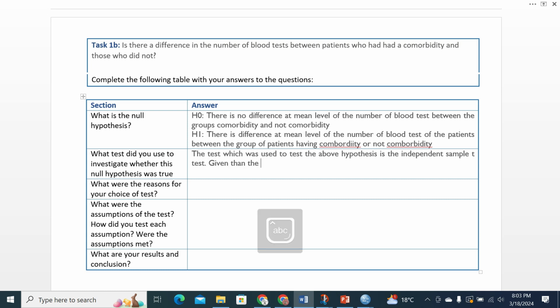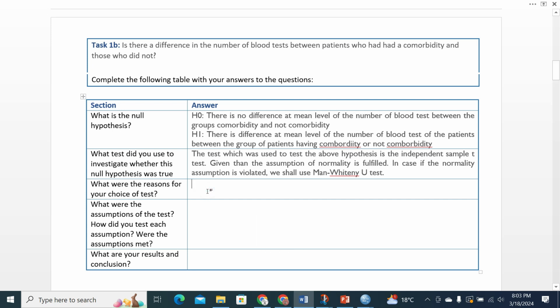Given that the assumption of normality is fulfilled. In case the normality assumption is violated, we shall use the Mann-Whitney U test.